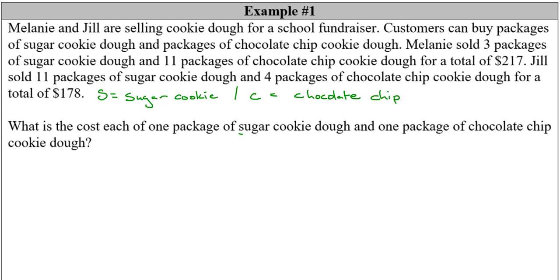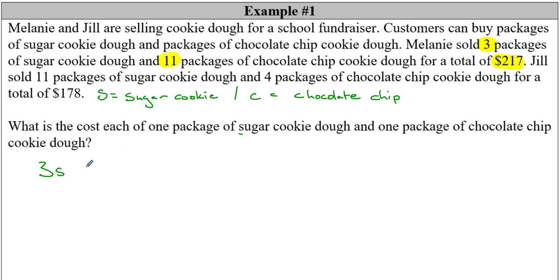Okay, then we go back and we look. What are our key pieces of information? Well, we got Melanie and Jill. Okay, we got 2 different people, and they're both doing the exact same thing. So Melanie is selling 3 packages and 11 packages, and she is making a total of 217. So she's selling chocolate chip and sugar cookie. Okay, then it looks like we have some sort of addition going on. I don't know how much the sugar cookie or the chocolate chip cost, but I know I have 3 packages of sugar cookie, so that would be 3 times S, right?